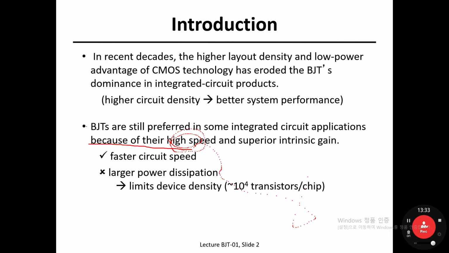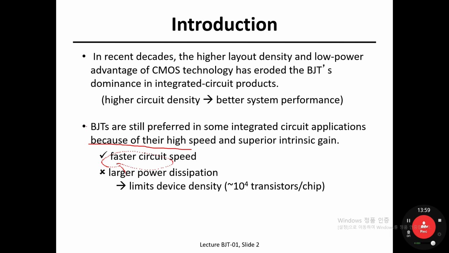For that purpose, we need more current. If your device can flow more current, then it is more likely to charge and discharge the capacitor in a very limited time. That is the main advantage of using a BJT.